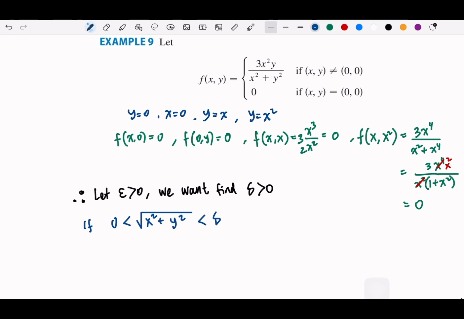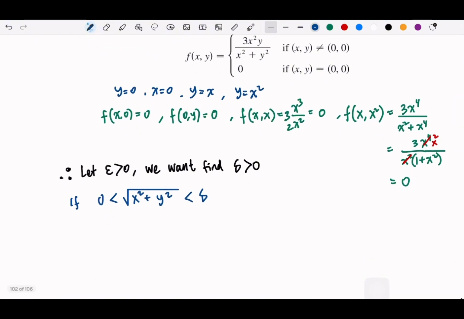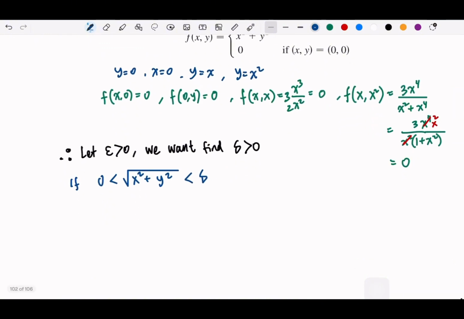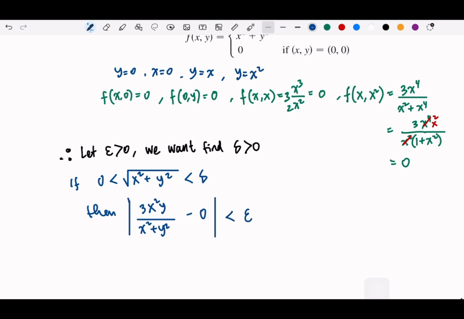If you remember the Pythagorean, the distance between the x and y. And then we have the distance between the function and the origin. Let's say the origin will be a 0. This should be less than epsilon. So we would like to find how much delta is needed to satisfy the epsilon.